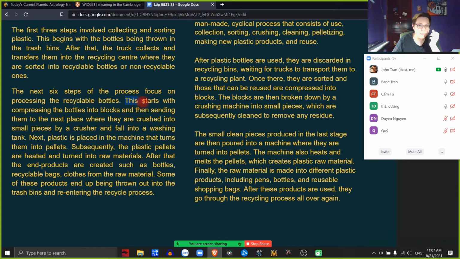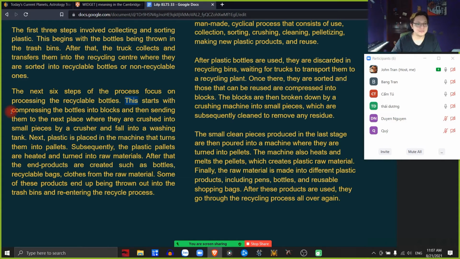Yes. They start with compressing the bottles. Who compressed the bottles? With compressing into blocks. Ai nén những cái chai? Oh no, no one. Nobody. It's the machine.